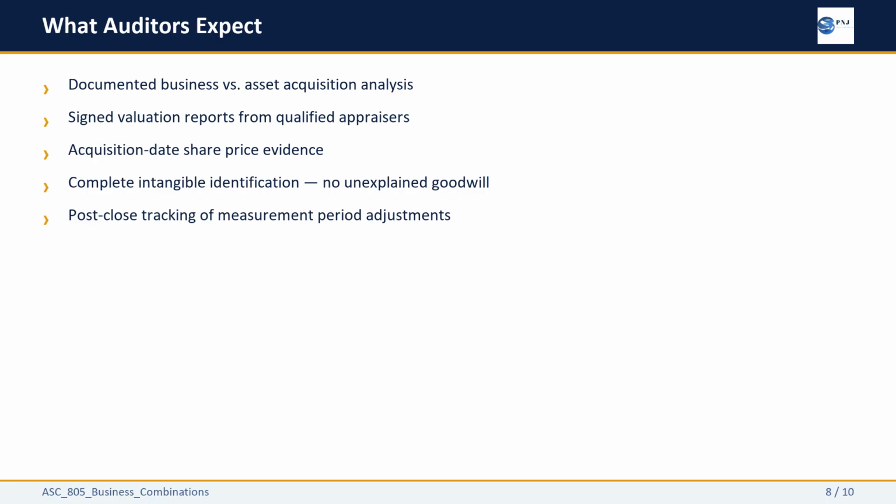Fourth, a complete intangible identification analysis. Auditors will challenge any purchase price allocation where a disproportionate amount ends up in goodwill without a detailed analysis of why identified intangibles don't explain more value. And fifth, post-close tracking of provisional amounts and measurement period adjustments, with clear documentation of what information was received and when.